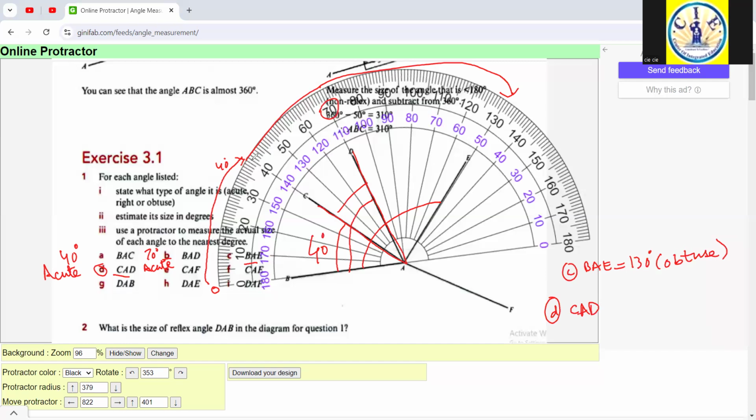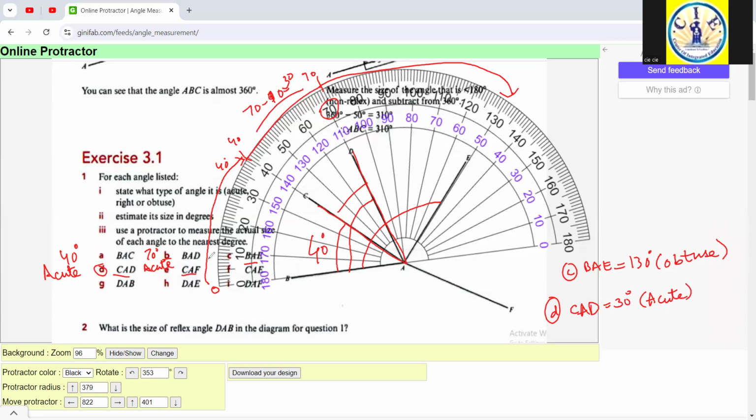The starting value is 40 and its ending value is 70. So in between this is 70 minus 40, that is 30 degrees. So CAD is equal to 30 degrees, which is an acute angle.